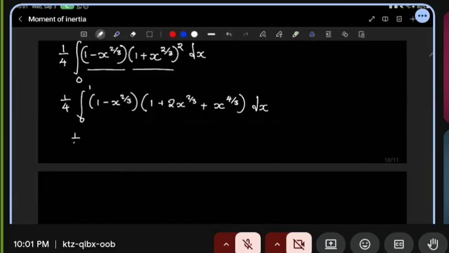So this will be 1 over 4 from 0 to 1. 1 multiplies everything, that's 1, 2x to the power 2 over 3, and then x to the power 4 over 3. Now, negative x has to multiply everything, so it would be minus x to the power 2 over 3.